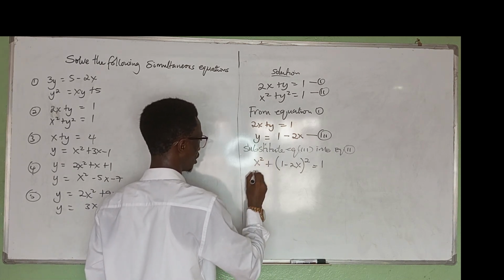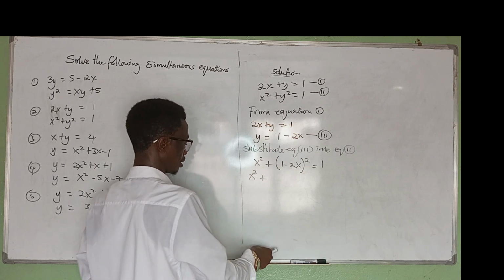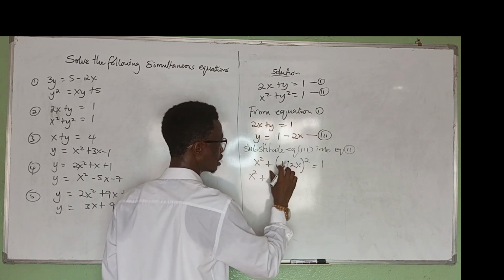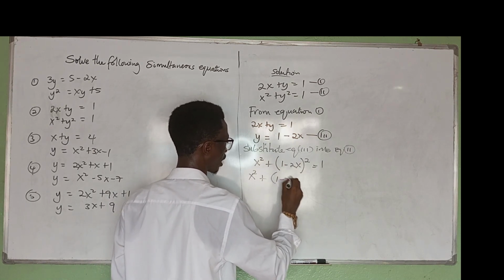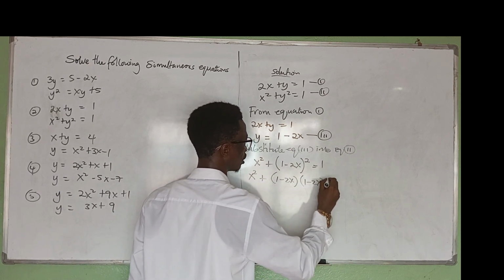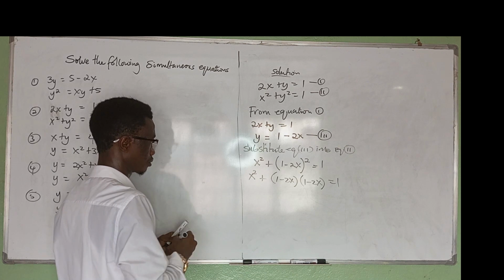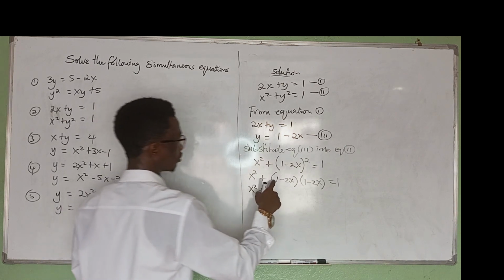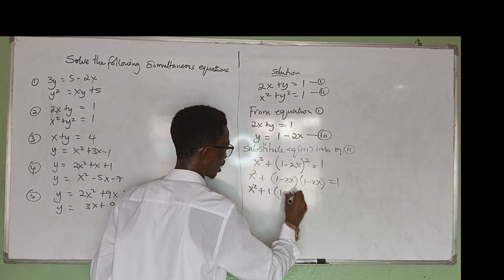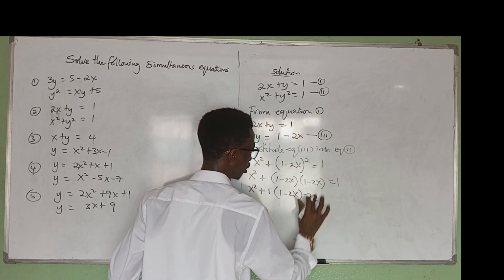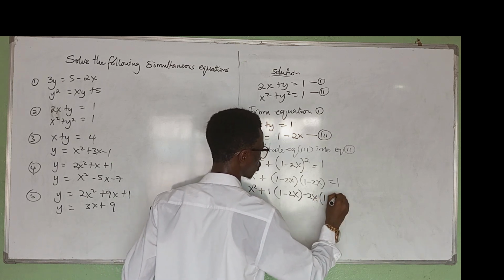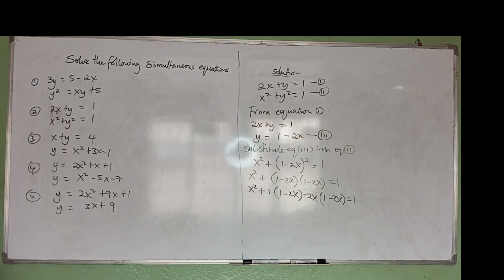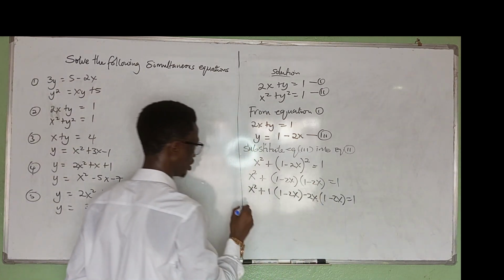So this gives you x squared plus (1 minus 2x)(1 minus 2x) equals 1. We take one of these, open brackets 1 minus 2x, then minus 2x, open brackets again, 1 minus 2x, equals 1.